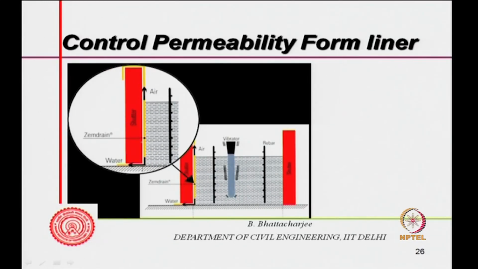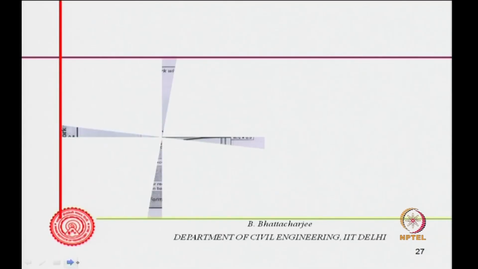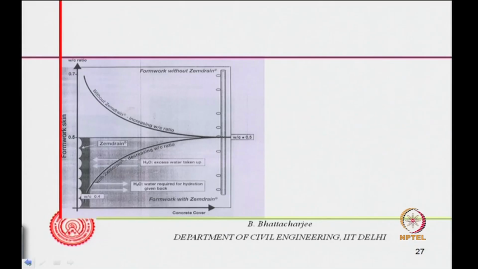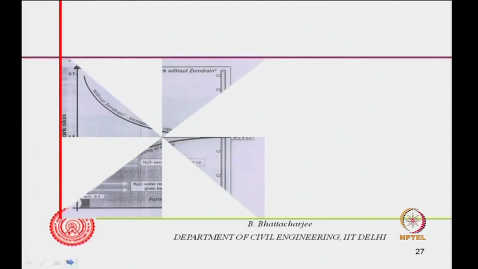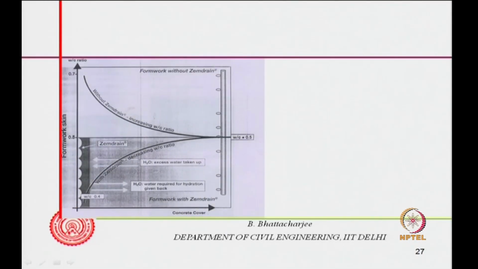So you see this is the lining material, this is your formwork, and when you vibrate, water and air have a tendency to move towards the outer periphery, and when you have this material, the water cement ratio here reduces significantly.